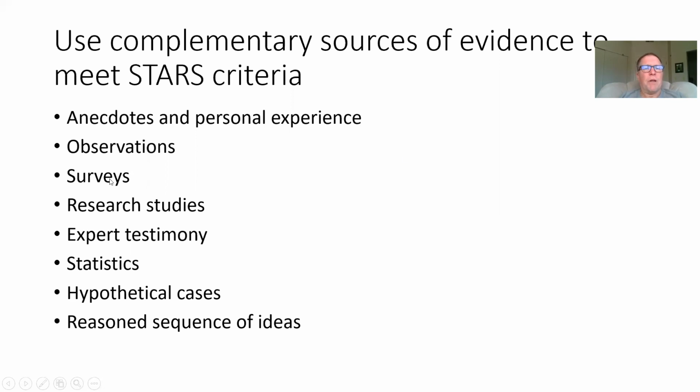But why not put in some anecdotes and personal experiences to help enliven it and make it more real and emotionally appealing? And maybe a reasoned sequence of ideas to show why it's necessary that college does these certain things. Maybe add some observations. You use a variety of types of evidence. It can be very effective.